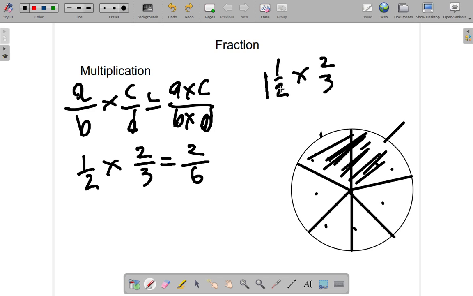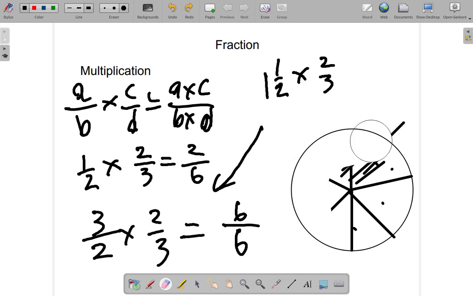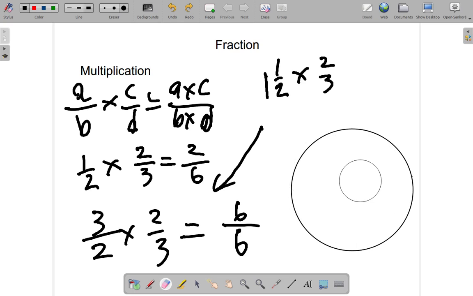One quick way to get the improper fraction: 2 times 1 is 2, plus 1 is 3. So you have 3/2 times 2/3. Let's just do it down here. 3/2 times 2/3 gives you 3 times 2 is 6 over 2 times 3 is 6. 1 whole in that case.